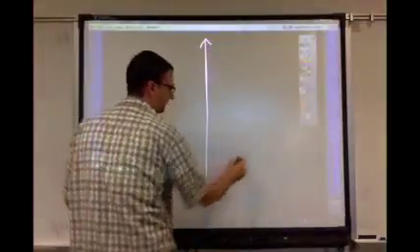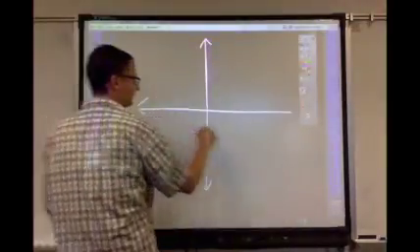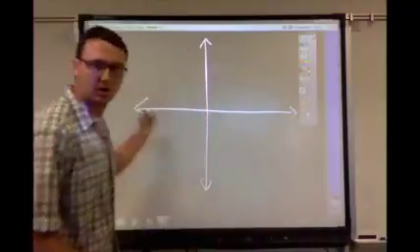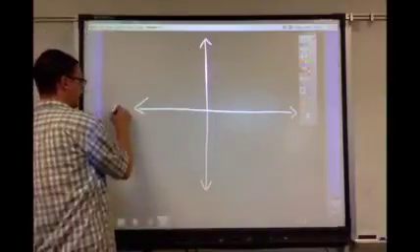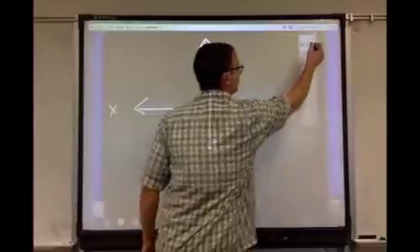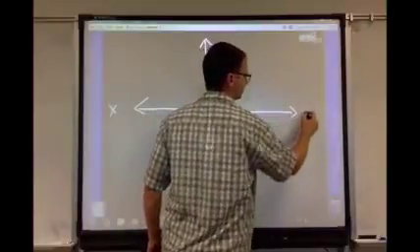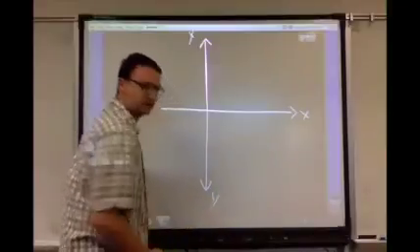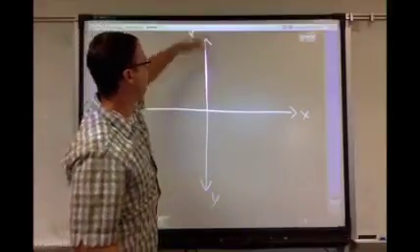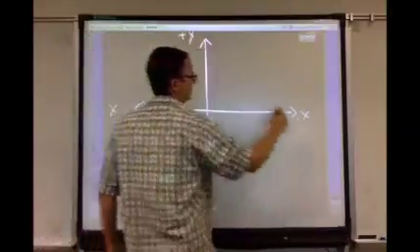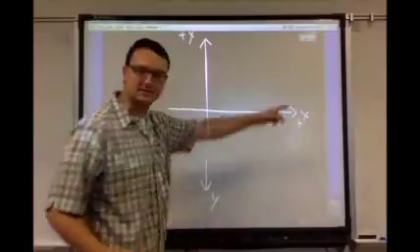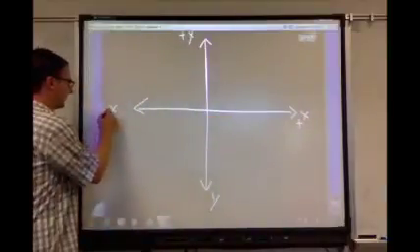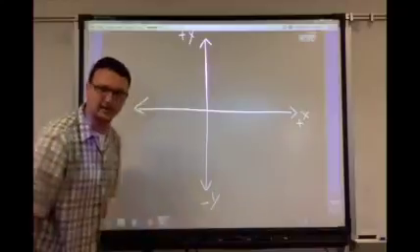Remember that the lines go on forever. So our horizontal, remember, is our x-axis. And then this is our y-axis. These guys up here are what we call positive x and positive y. We call this negative x and negative y.